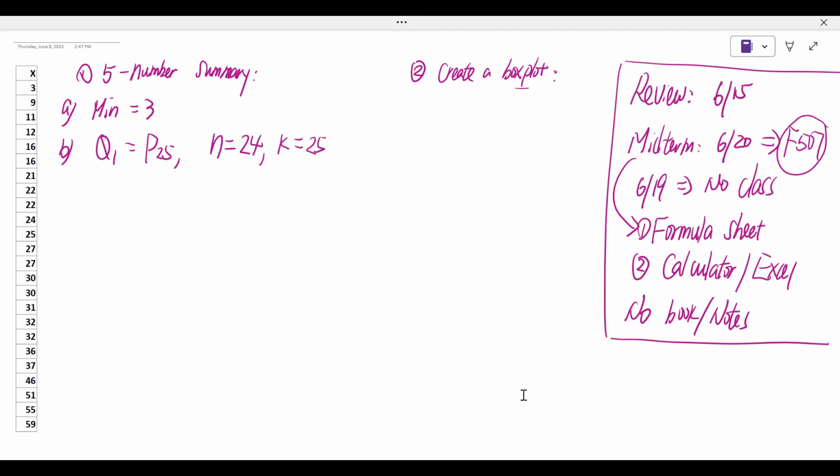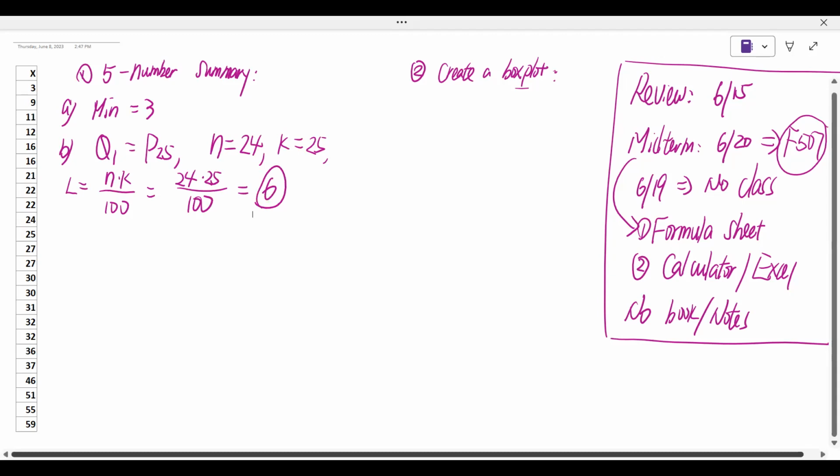25 for quartile 1. Very good. So the locator L equals n times k over 100. We get 24 times 25 over 100. If you simplify, you get 6. This is a whole number, not a decimal number.